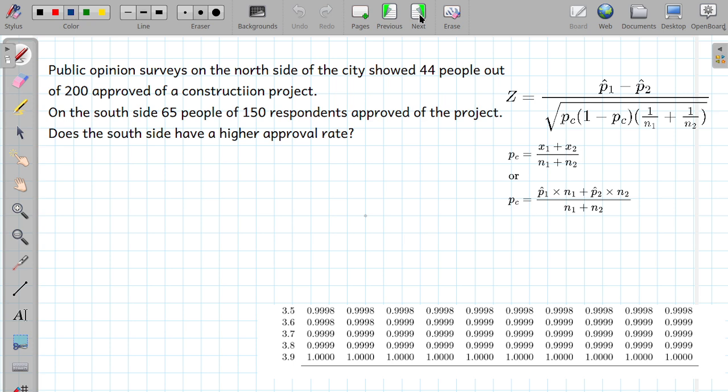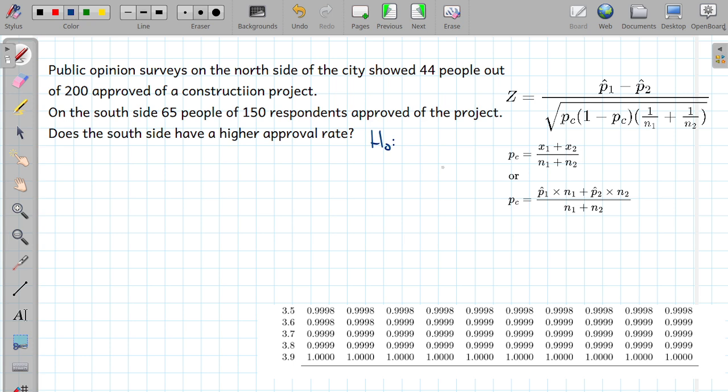Where can we make the hypothesis? I've got a bit more room on this page, so let's do that here. So the null hypothesis is that, now if I'm asking is the approval rate on the south side higher than the approval rate on the north side, and if I want to avoid a negative sign, which I do, well, you know what, we're just going to go with the negative sign then.